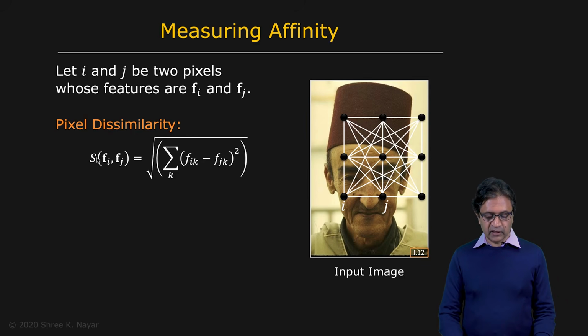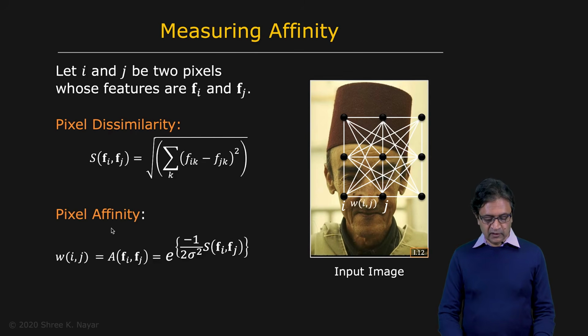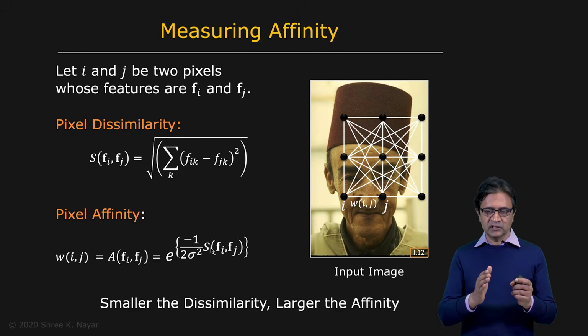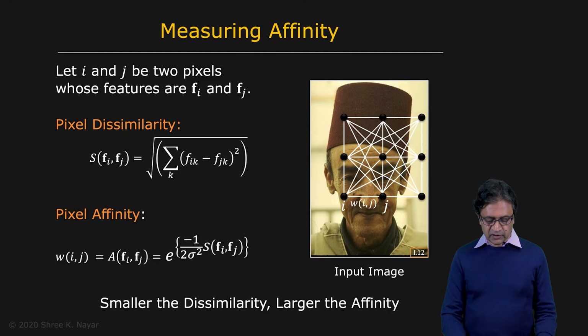Now using s, we can define the affinity a between features fi and fj, which can be defined as e to the power of minus 1 over 2 sigma squared times s. So the smaller the dissimilarity s, the larger the affinity. And this relationship is defined by the parameter sigma right here. This affinity is the weight associated with the edge, wij.